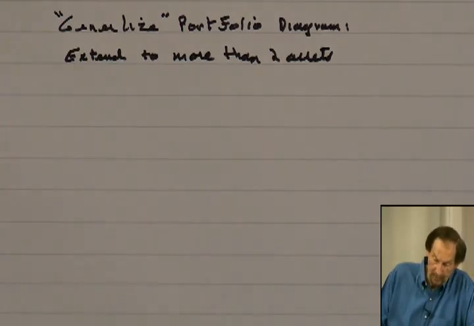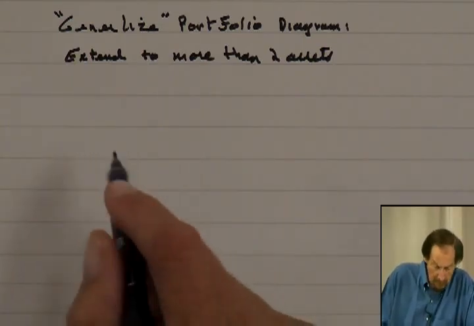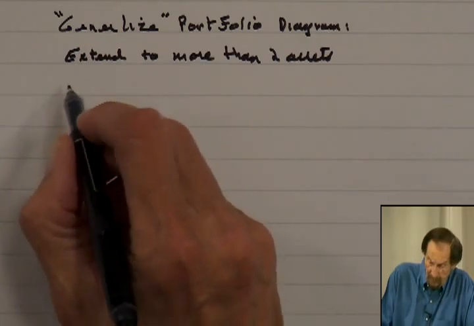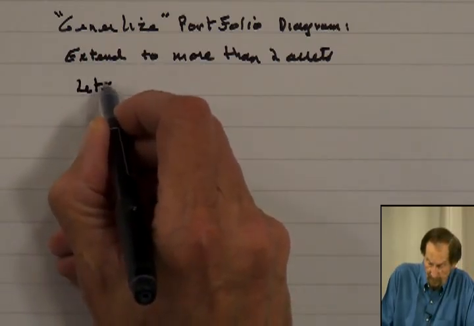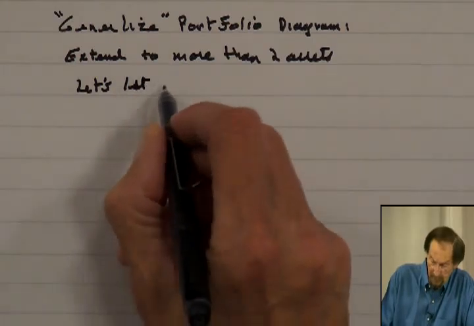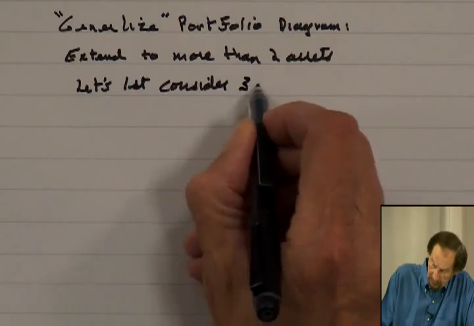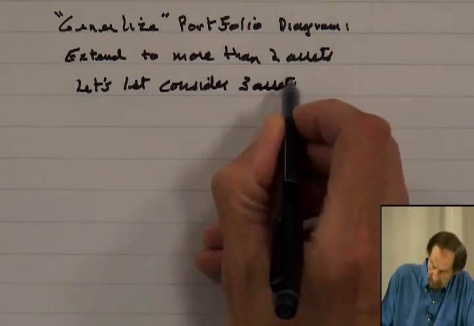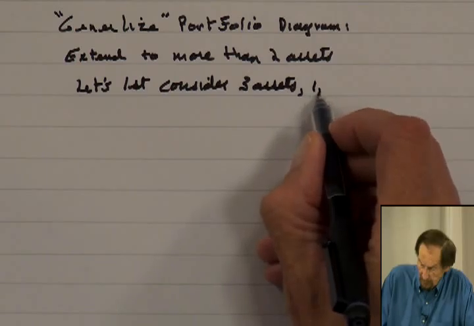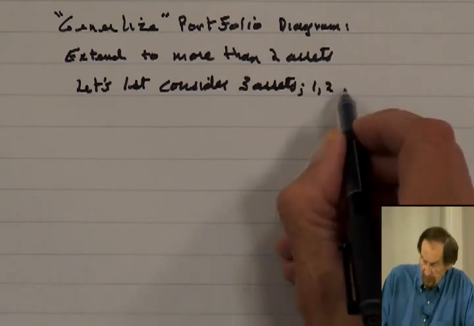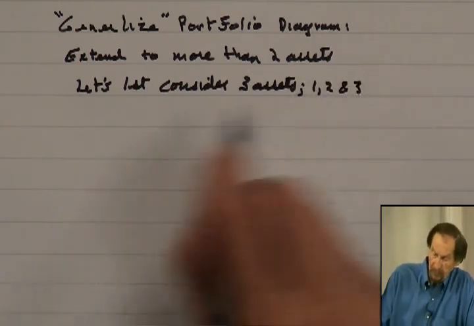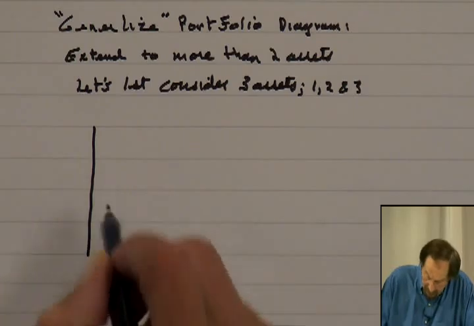In our portfolio diagram lemma, we only considered two assets. So let's first consider three assets. And these three assets are 1, 2, and 3. Okay, we have these 3 assets. And let's look at what our diagram looks like.